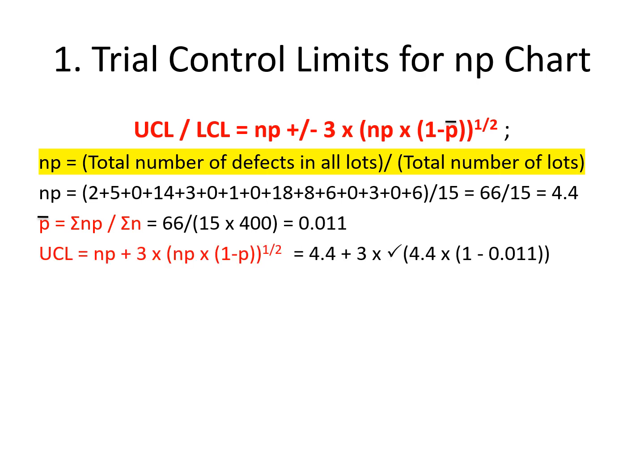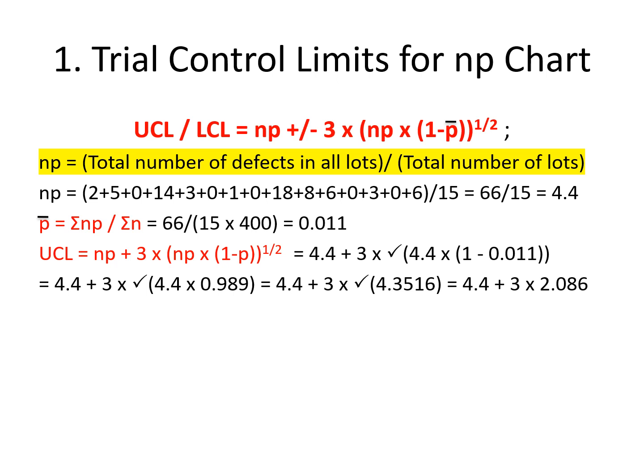Putting this value in the upper control limit: remember, in the last case we had P as the standard line. In this case, in the NP chart, we will have NP as the standard line plus 3 times sigma. To calculate 3 sigma, we have the square root of NP into 1 minus P, which comes to 10.658.